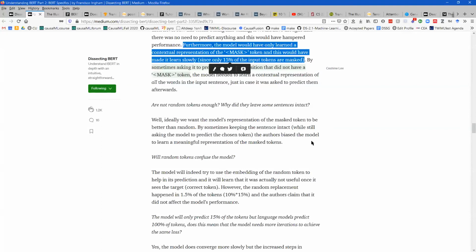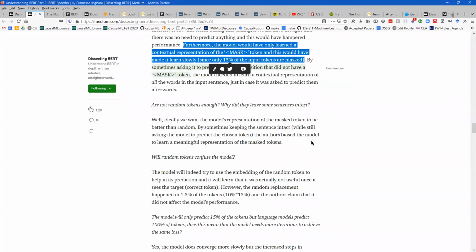I think that part is clear, right? If you were to always replace it with the mask token, then the model would assume, I need to calculate good contextual embeddings only for the mask tokens, since that is the only time I'm being asked to predict anything. So it would not bother to make good contextual embeddings for any of the other words.